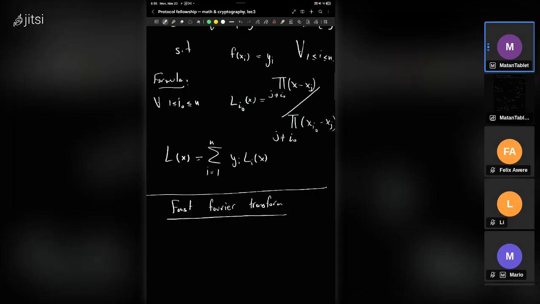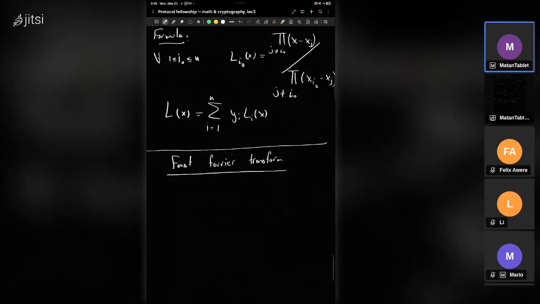And these operations need to be as fast as we can. Okay, I think maybe it's a good time to take a break, or maybe questions and then a break, and start the fast Fourier transform afterwards.